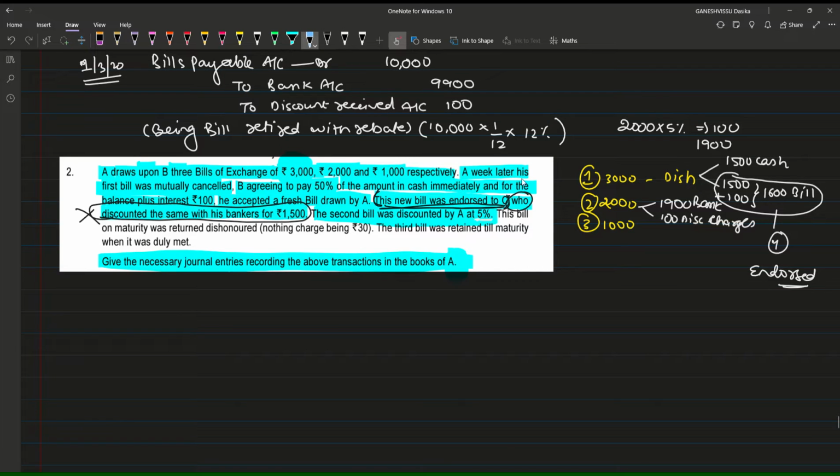Next, this bill on maturity was returned dishonored, noting charges being ₹30. The third bill was retained till maturity, when it was due. Okay, no problem. After this, what happened? The second bill has been dishonored.